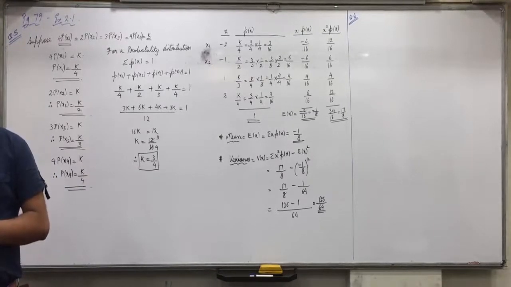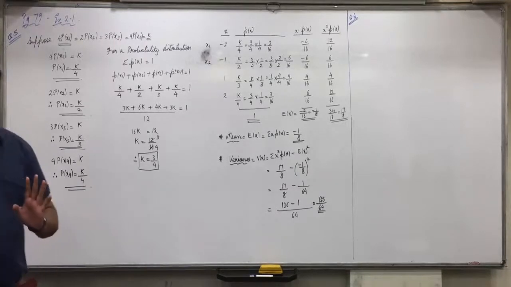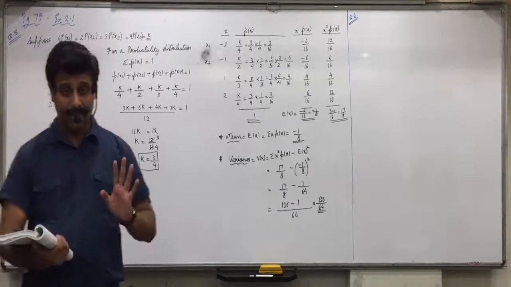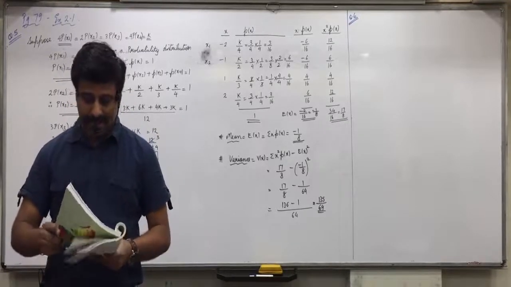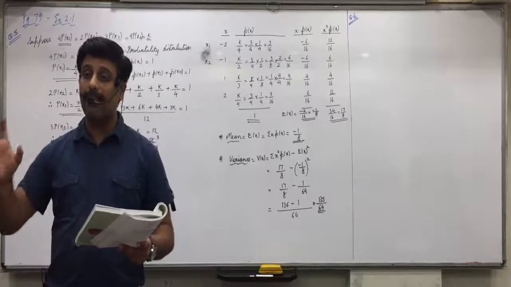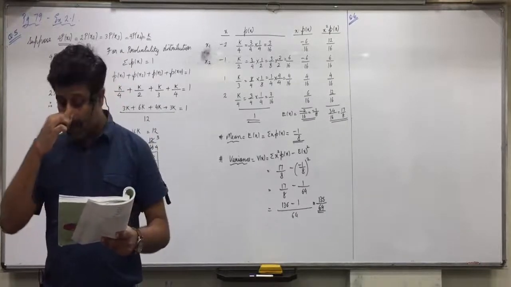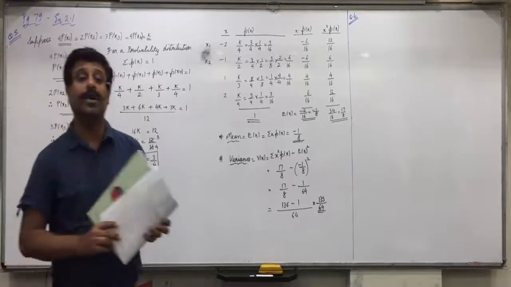We have tossed this many times in the last chapter. 36 outcomes. Okay. 1,1 up to 6,6. Determine the probability distribution of the sum of numbers.